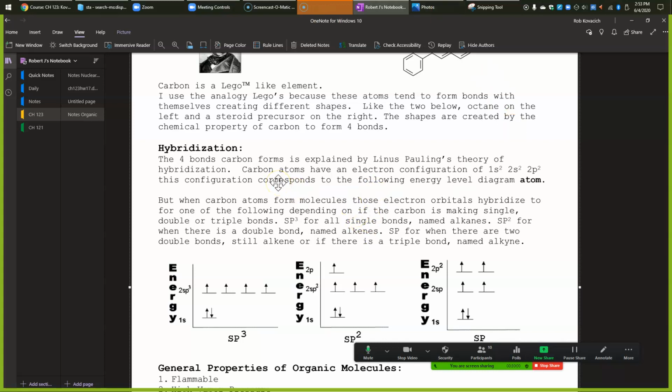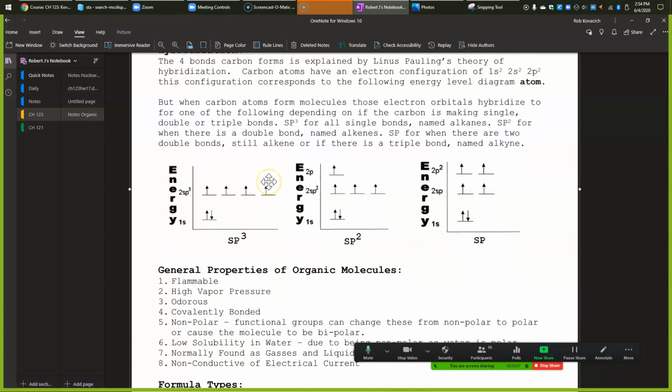Okay, so this next topic, hybridization, is going to be easy for us because we already talked about this, right? Pauling said the reason that the carbon atom can make 4 bonds is because the 2s and the 2p are so close in their energies that we hybridize the orbitals and we say there's an sp3. That means one of the orbitals was an s and 3 were p, and I mathematically add those together to get a tetrahedral shape.